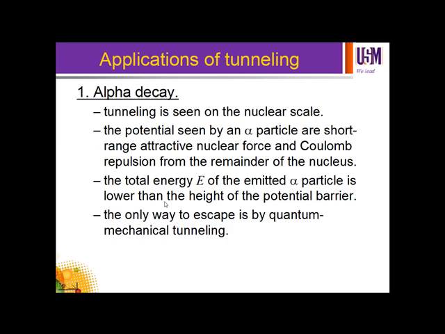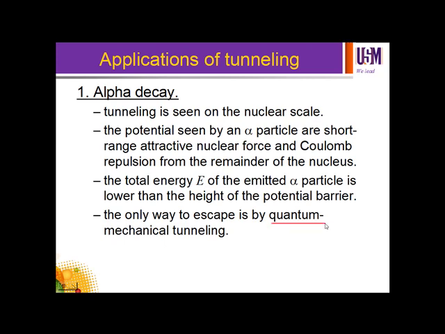But since the wave function is not zero inside the barrier itself, there is a probability the alpha particle can tunnel through, as we discussed in the previous segment. However, in classical physics, the alpha particle should not be able to go out of the nucleus because of the potential barrier. The only way to escape is by quantum mechanical tunneling.